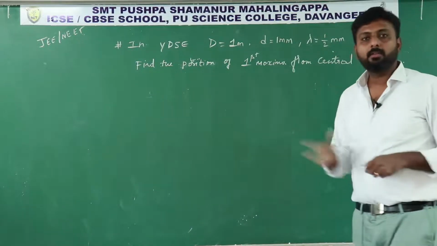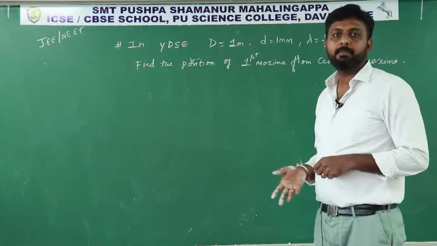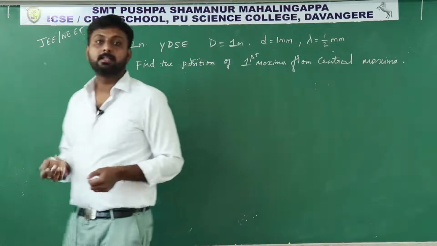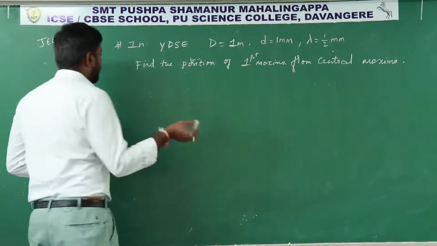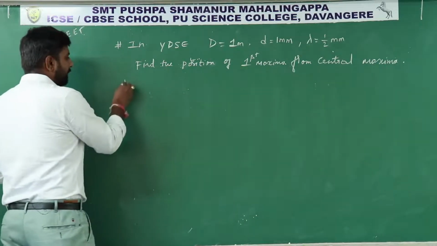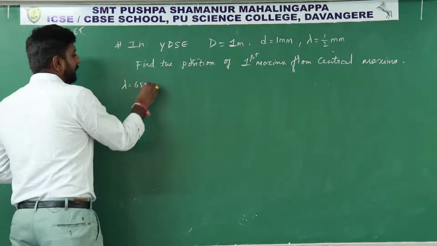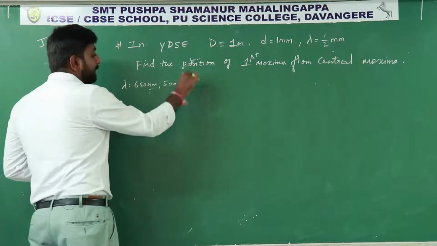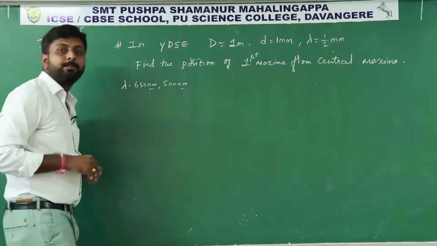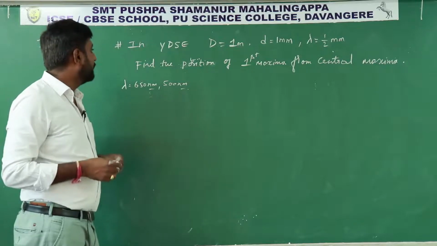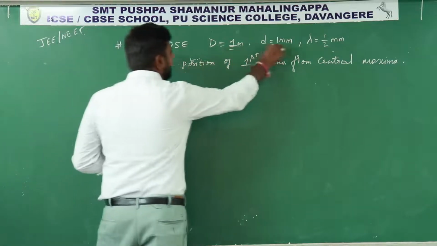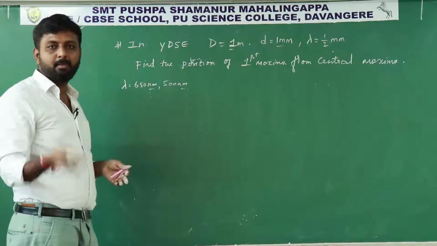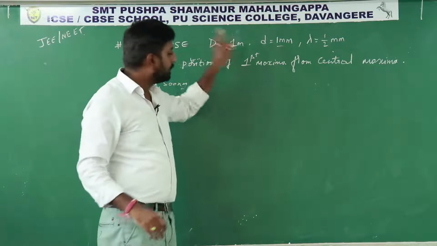Previously also I explained some example problems. I hope you also practiced. In those problems, normally the wavelength will be given like 650 nanometer, 500 nanometer, in nanometers. And this D and small d, as usual, they will give 0.5 millimeter, 1 millimeter, 0.28 millimeter, in millimeters only.